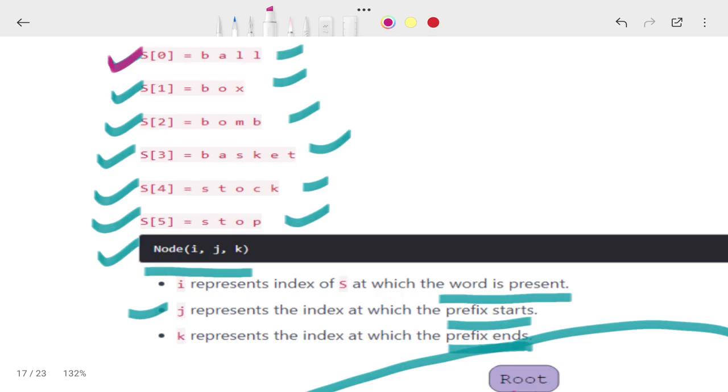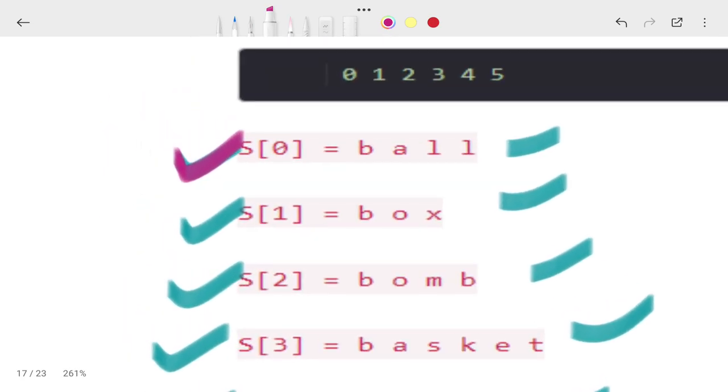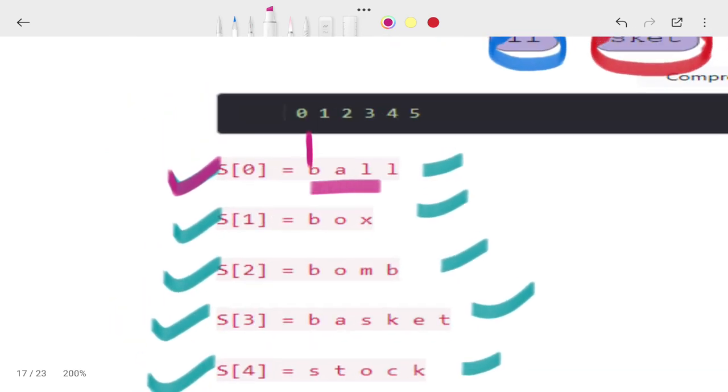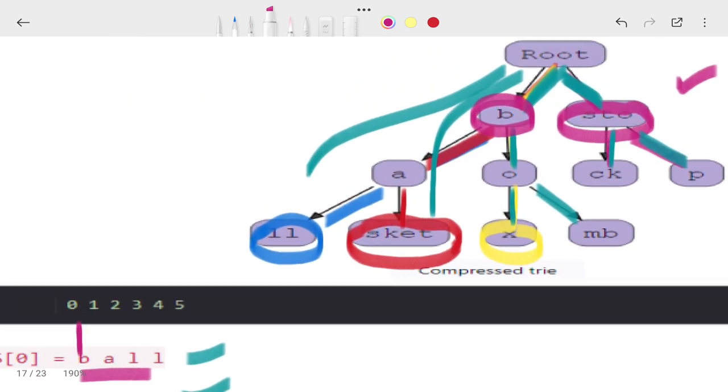J means where the prefix starts. My prefix starts at B, which is 0. And my prefix also ends at B, because this is ball.